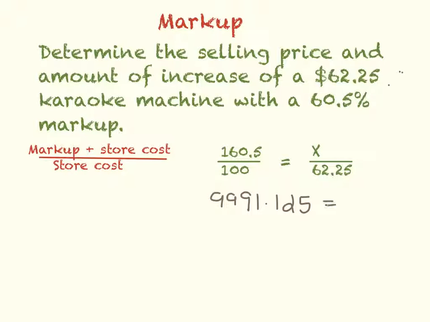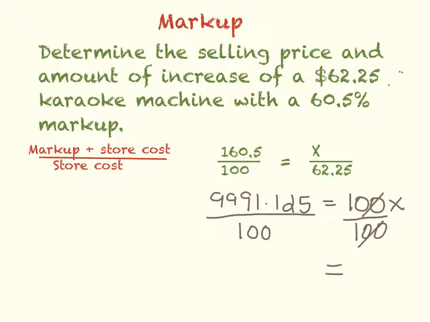And that equals our cross products of 100 times x. So again, we're going to divide both sides by 100 to isolate the variable x. 100 divided by 100 cancels out because it's equal to 1, and we're left with the variable x and 9,991 and 125 thousandths.